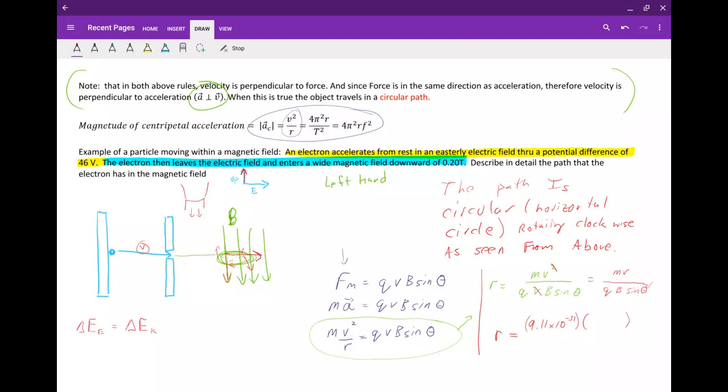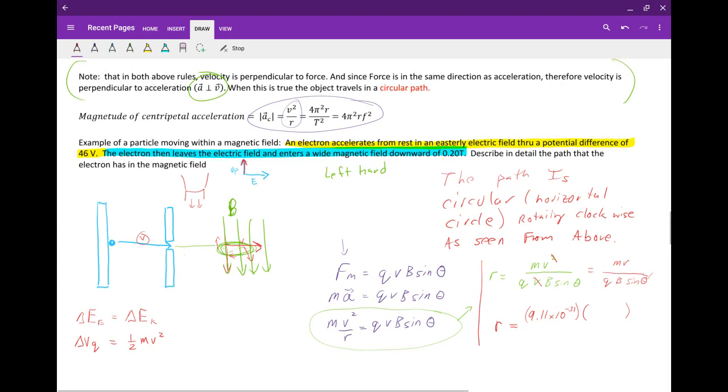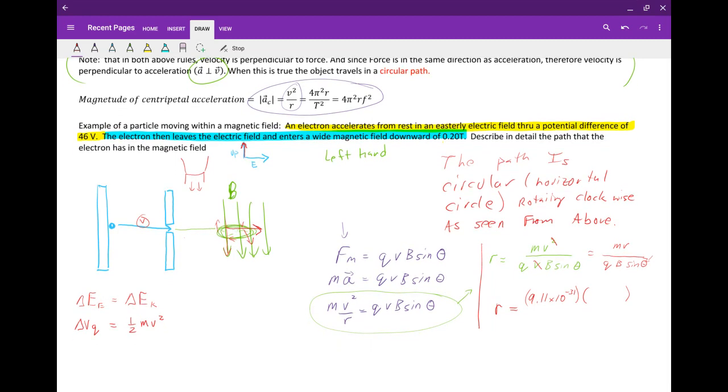My electric potential energy is the electric potential difference times the charge, and this is 1/2 mv squared. This is how much electric potential energy it had because it was over here, and all of that turned into kinetic energy, giving this electron this velocity.